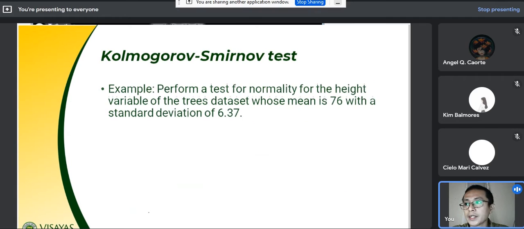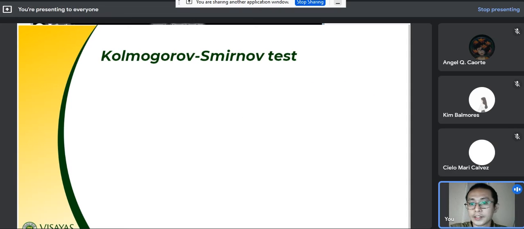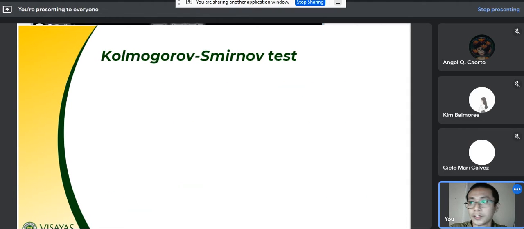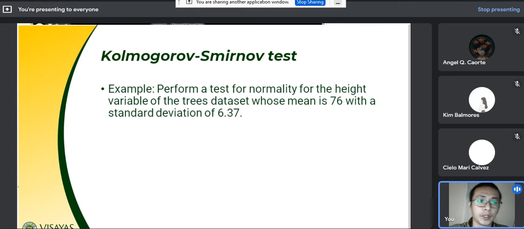Okay, so let's try an example. Sorry, class. This is not variance, but standard deviation. So for example, given this problem, you were tasked, class, to perform a test for normality for the height variable of the trees dataset whose mean is 76 with a standard deviation of 6.37.